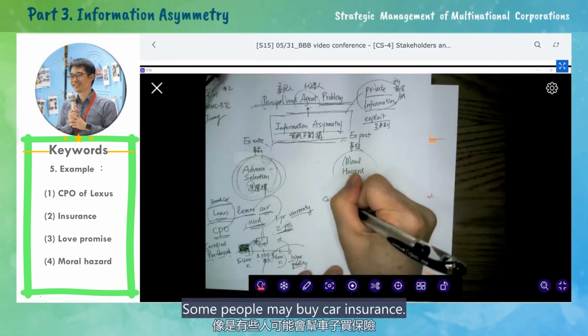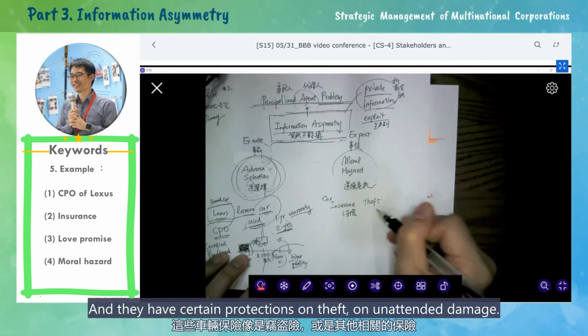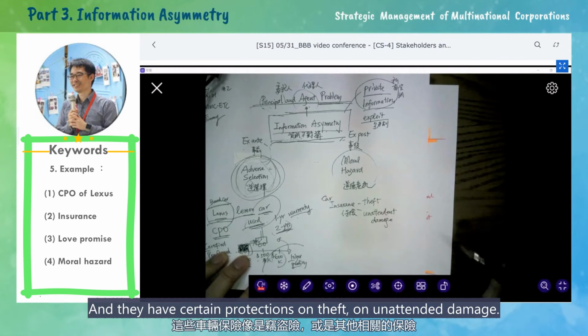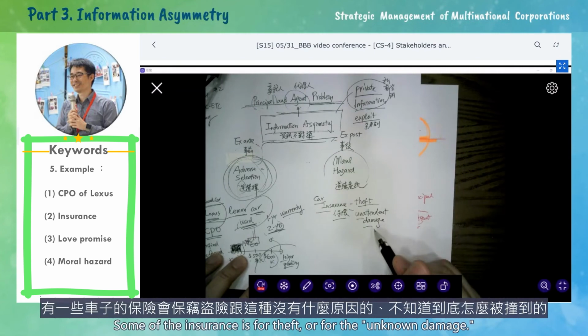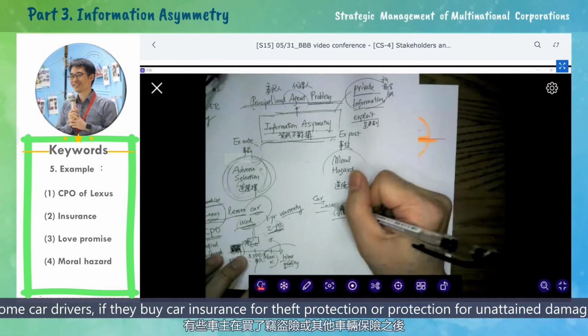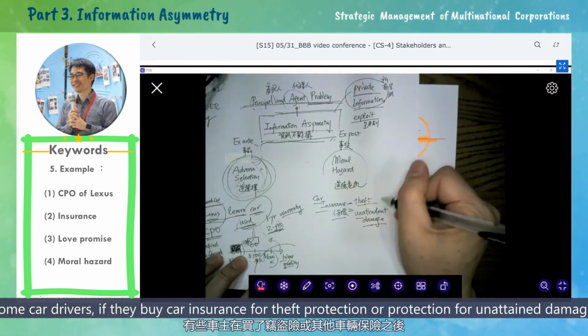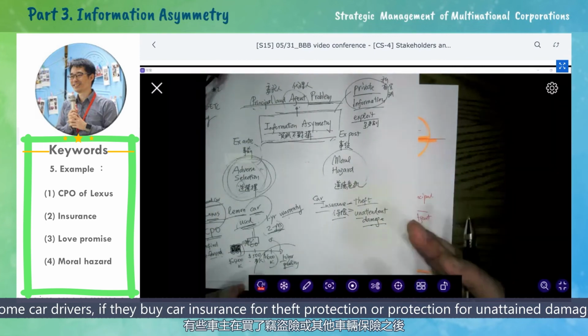Some people buy car insurance, and they have protection against theft and unattended damage, meaning damage where the party cannot be identified.